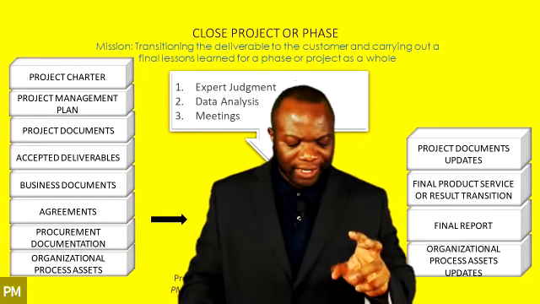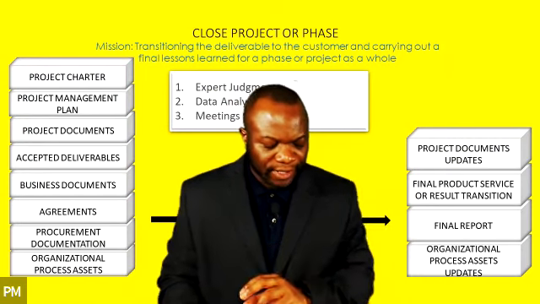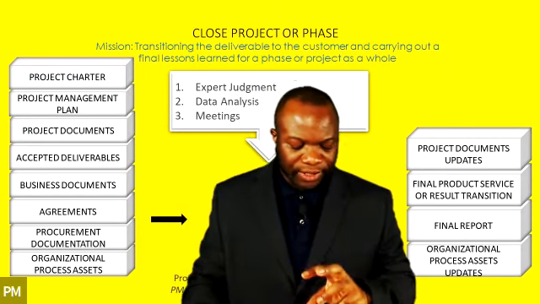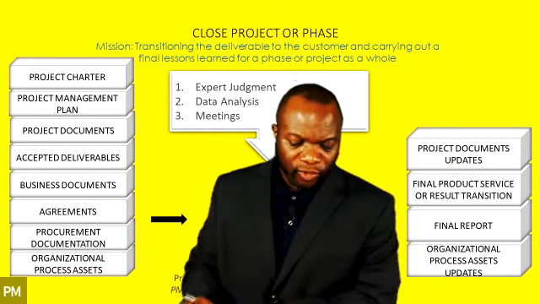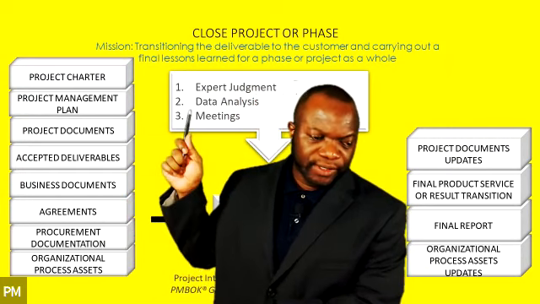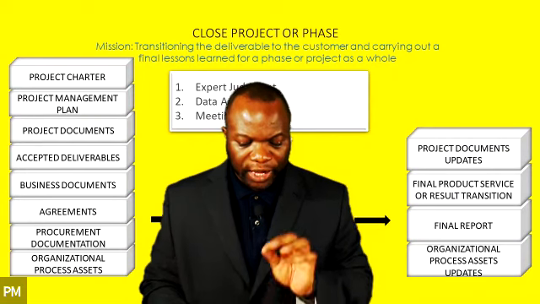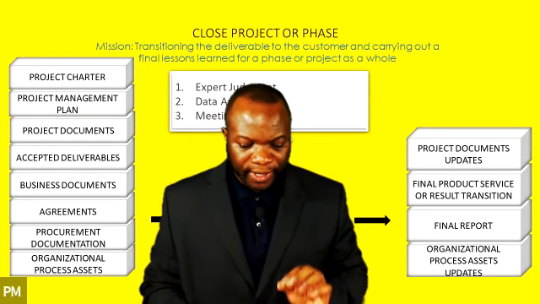But just remember, it's an analysis of documents. It's an analysis as to whether you really got to your goal. It's an analysis of trends and variances. So hold on to that thought. And then we've got meetings. It says meetings are used to confirm that the deliverables have been accepted, to validate that the exit criteria have been met.